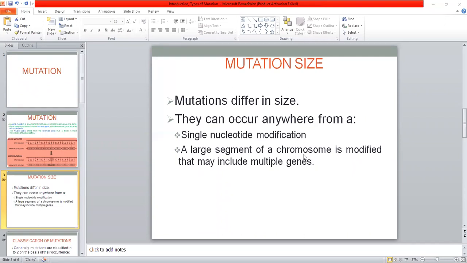This large segment of the chromosome may include multiple genes. So due to the modification of a large segment of a chromosome, a number of genes are changed and their protein products are changed.